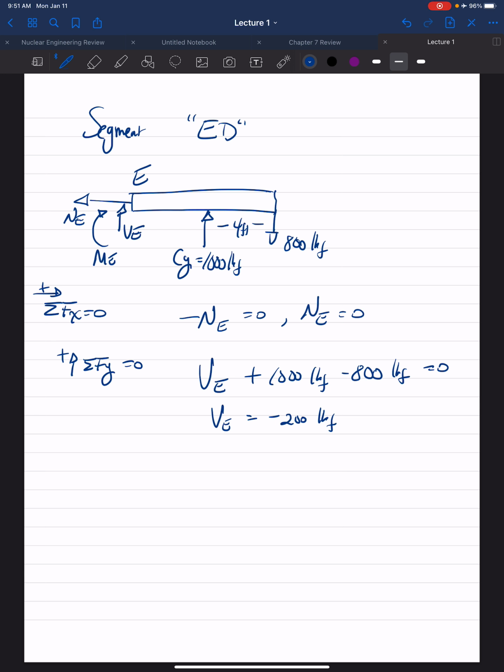And for our bending moment, we take the sum of all our moments acting at point E. So the 1,000-pound force causes counterclockwise, which is positive rotation about point E. The perpendicular distance there is 4 feet. The 800-pound force causes clockwise, so negative rotation. Perpendicular distance there is 8 feet.